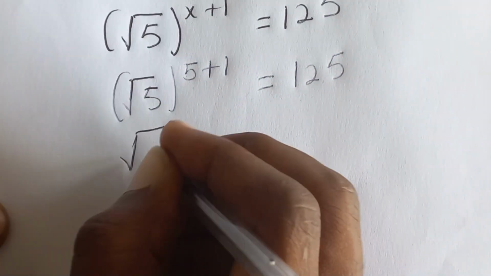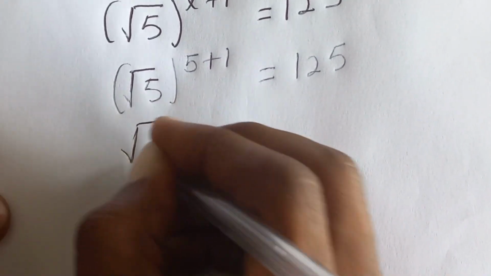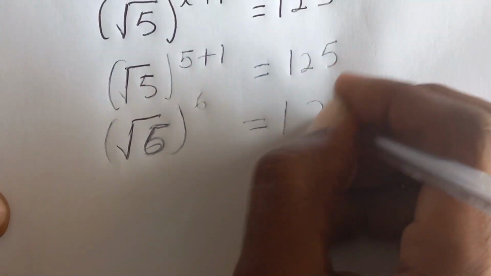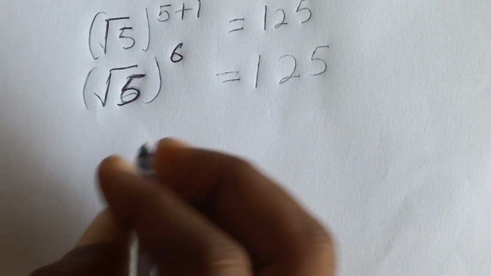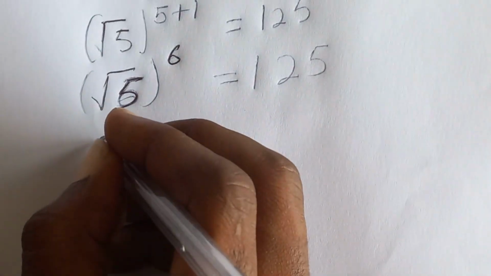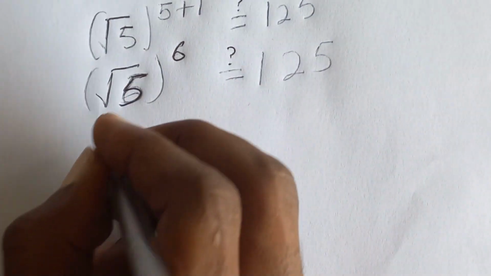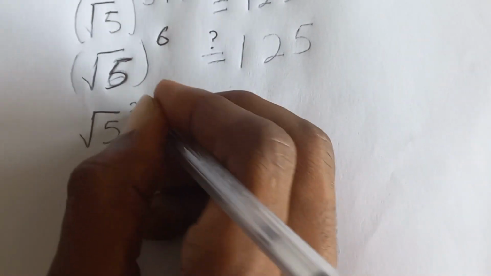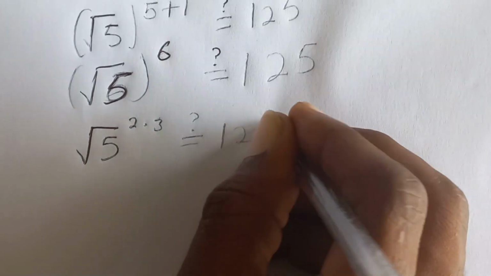So we have root 5 exponent 6 is equal to 125. Possible. So we are testing, so it should be equal to 125. So we can say that root 5 exponent 2 multiplied by 3 should be equal to 125.